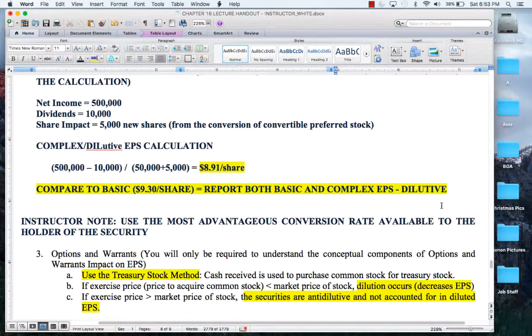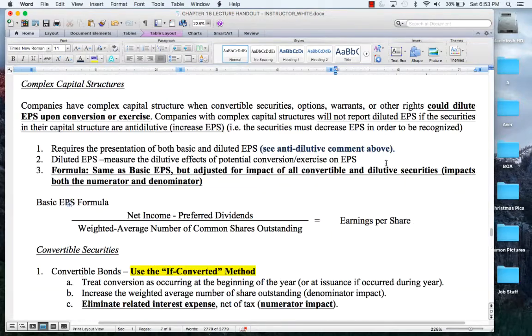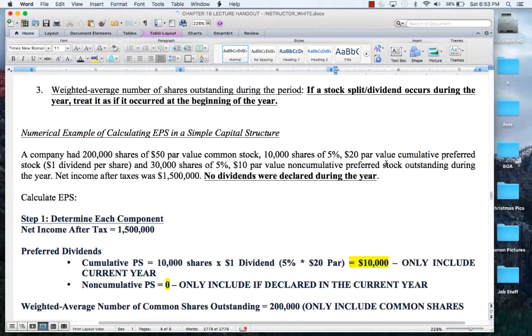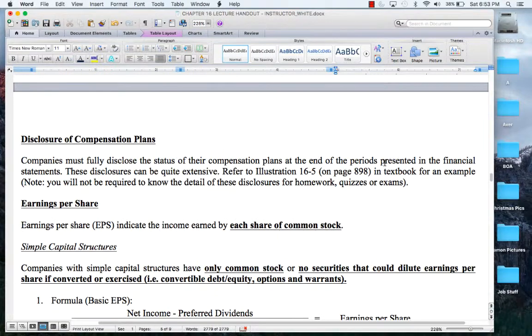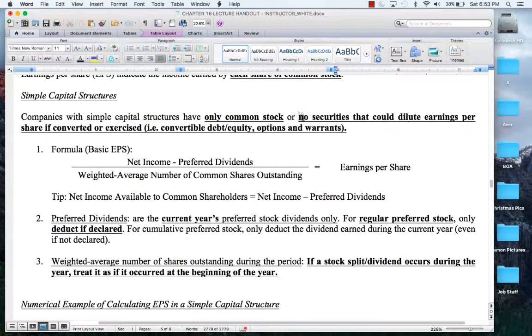So that is all for today, but before we end here, I'd like to just recap and go back through this really quickly to highlight some of the key points. For earnings per share in a simple capital structure, so the basic form, you will not reflect any dilutive security, so convertible debt or equity.